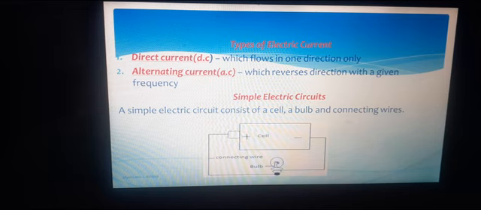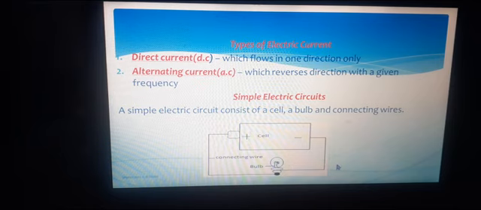So we move to the simple electric circuit. A simple electric circuit generally consists of 3 parts: a cell, a bulb, and connecting wires.